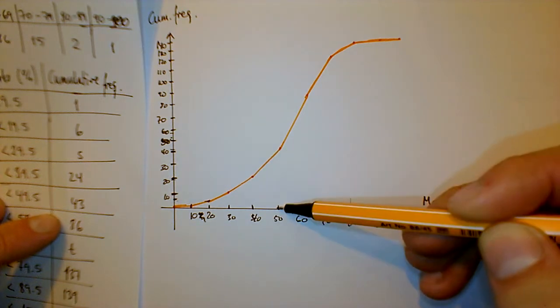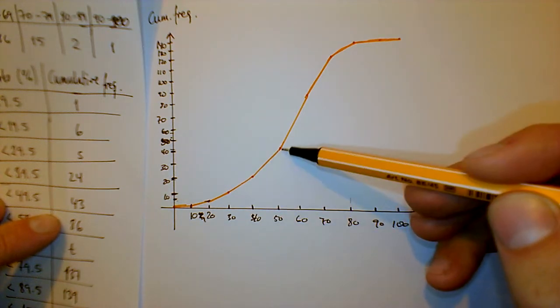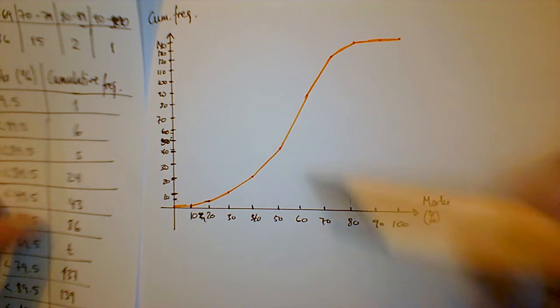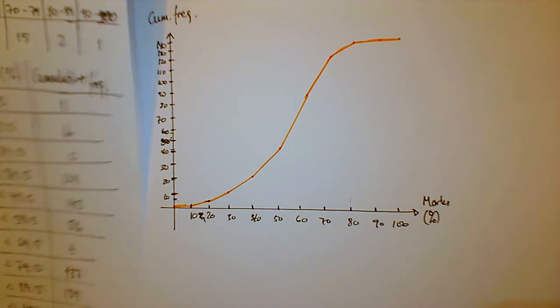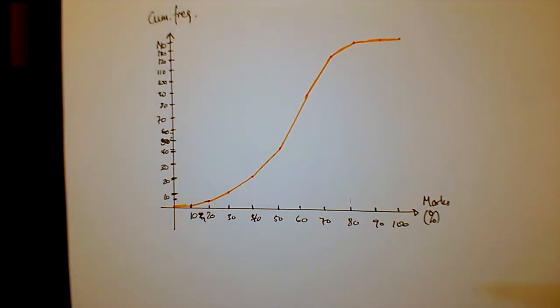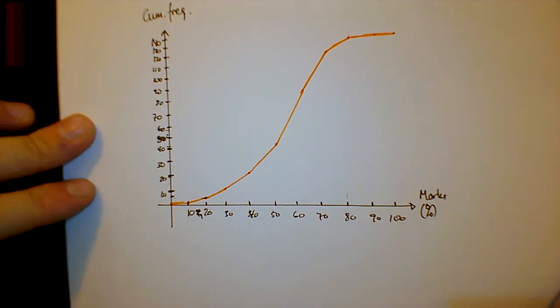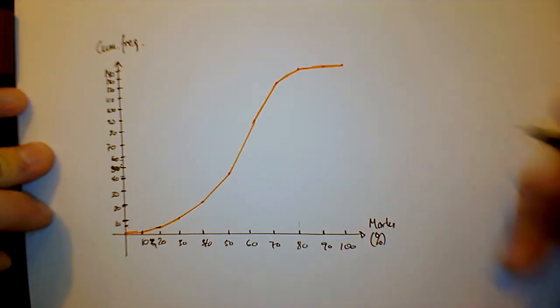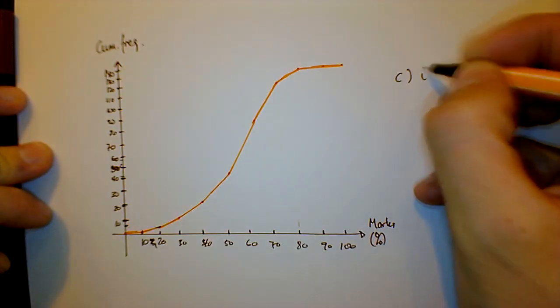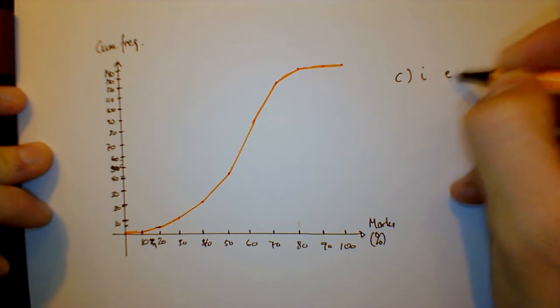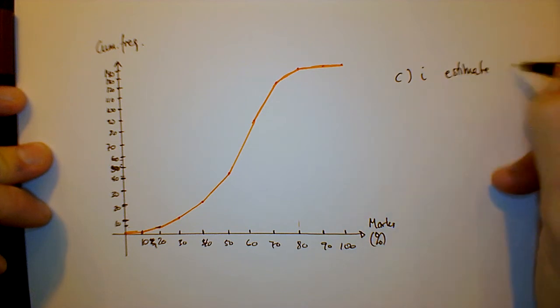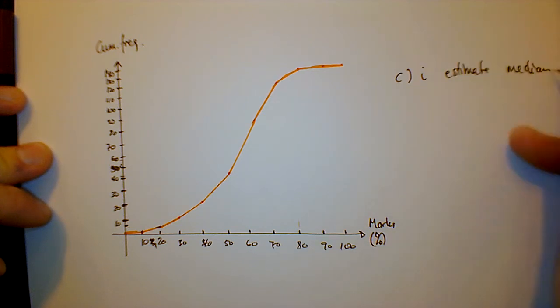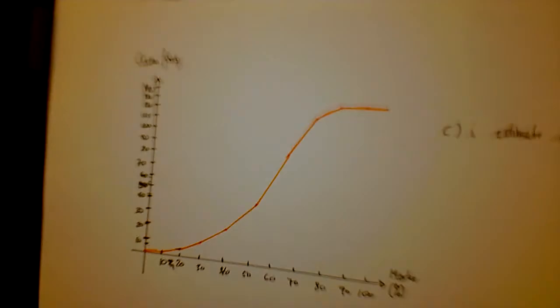For C, we are to use the graph to estimate the median mark. So the median would be the 50% mark in a sense.